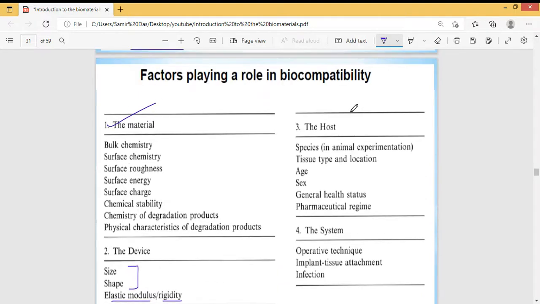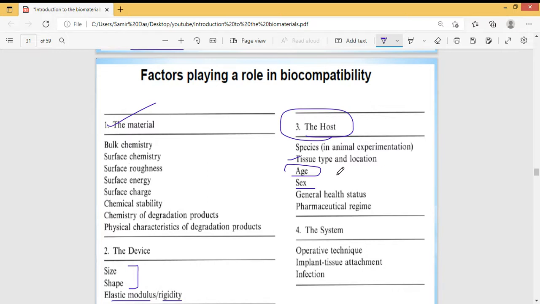Another thing which plays an important role in biocompatibility is the host response. So host response also depends mostly on age and sex, and other things are tissue type and location. I have discussed that different body parts have different mechanical properties, physicochemical properties, and structural morphology.